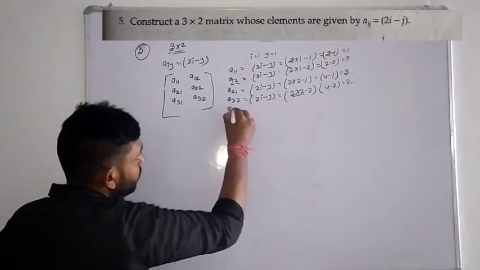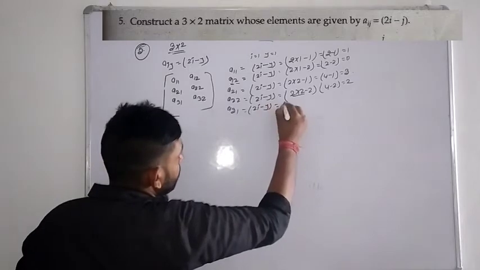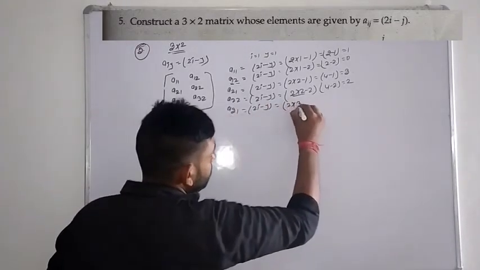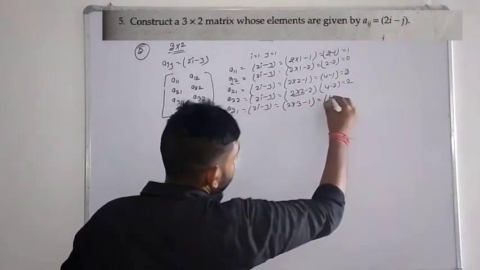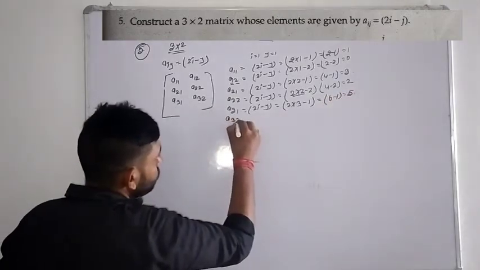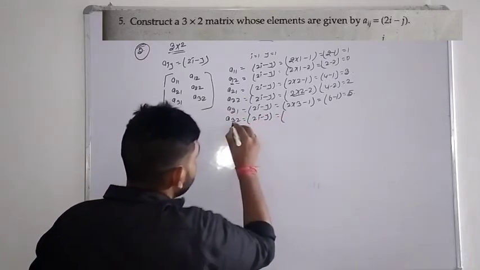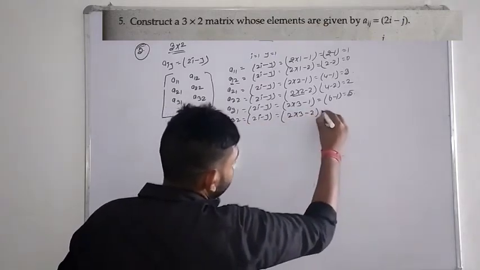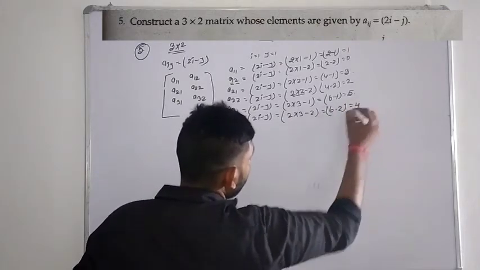Now we find a31 is equal to 2i minus j, put i is equal to 3. Now 2 into 3 minus 1 is equal to 6 minus 1 is equal to 5, and a32 is equal to 2i minus j, put i is equal to 3. 2 into 3 minus 2, that means 6 minus 2 is equal to 4.